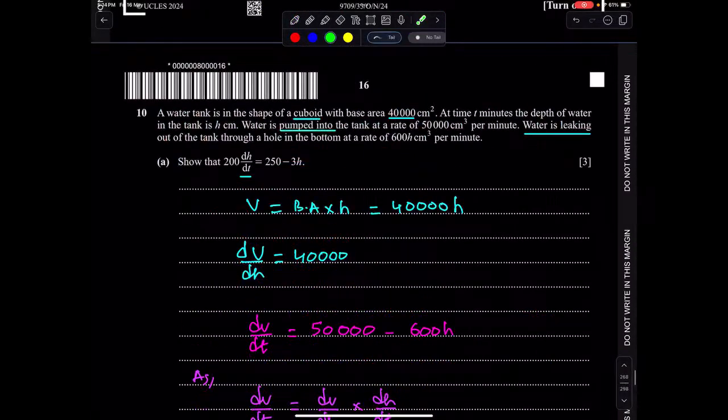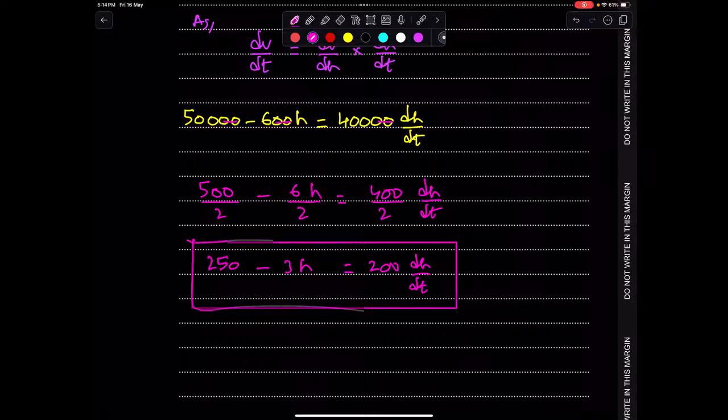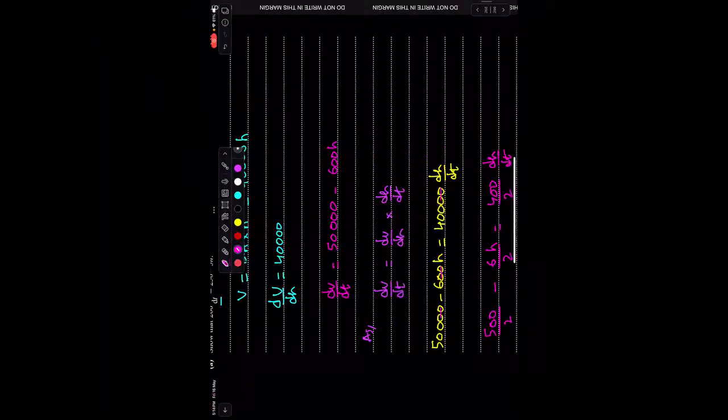In this equation we have 200 here, so we have to divide all terms by 2. So we have 250 minus 3h equals 200 dh upon dt. This is what we had to show. Now you can check this solution.